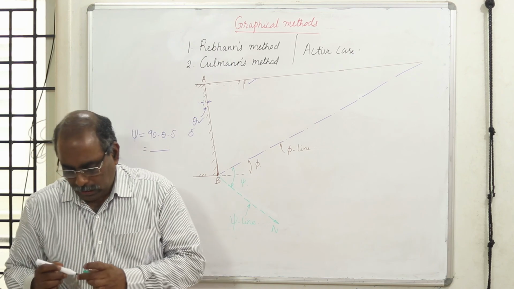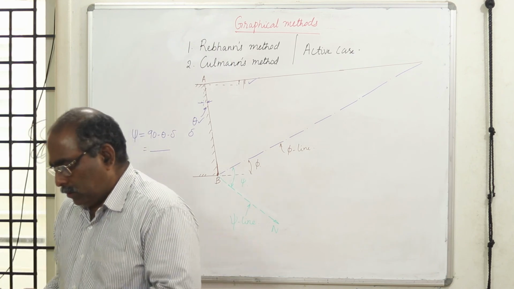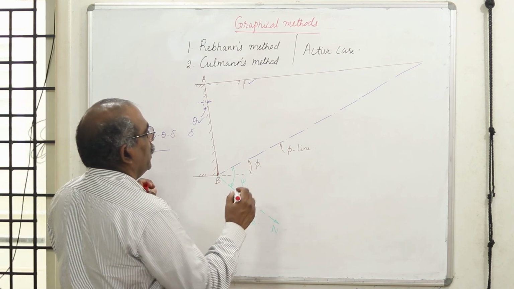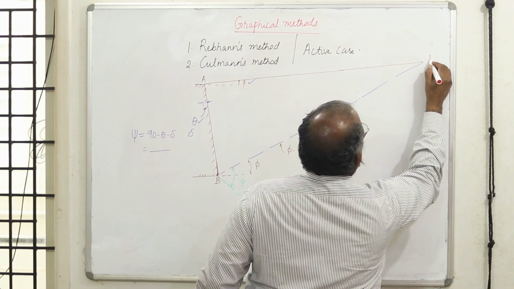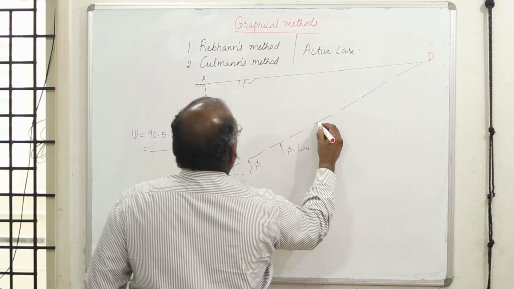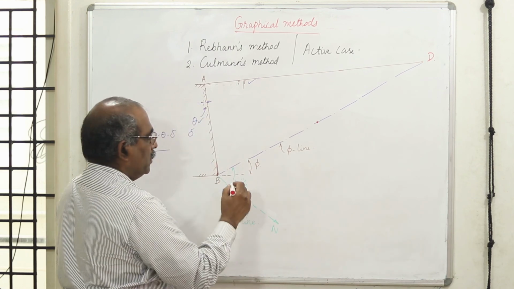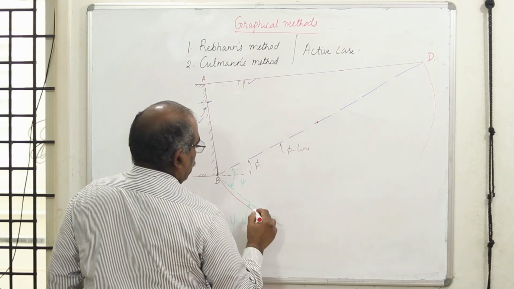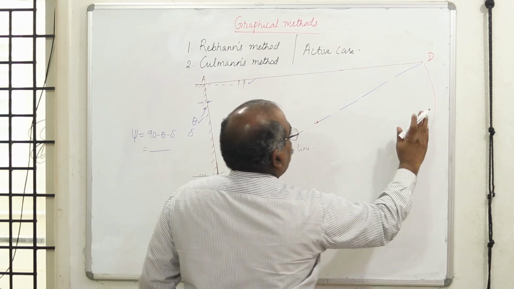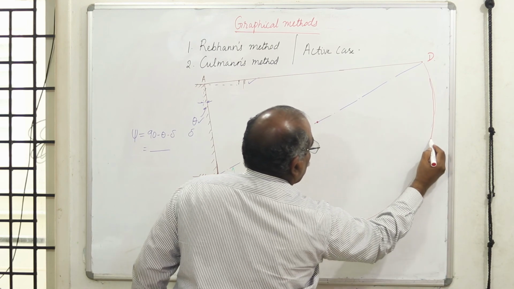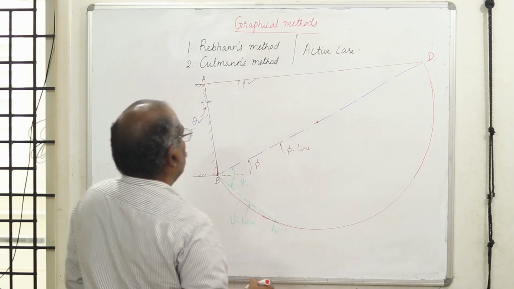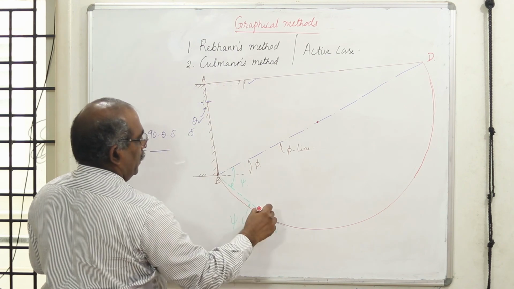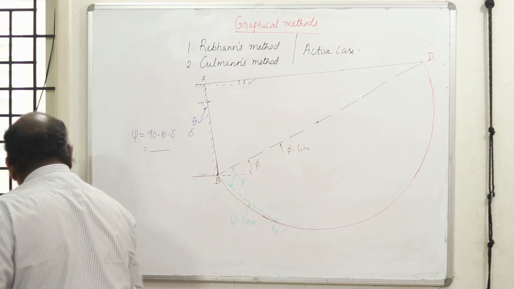Now I need to draw all this to a scale. Identify this as D, identify the middle of the line BD, then draw a semicircle. You take a scale so that you will be able to draw the semicircle. Once you draw the semicircle, from A draw a line parallel to the psi line BN.